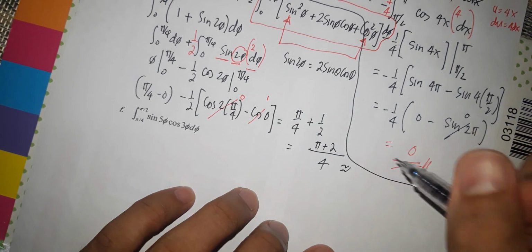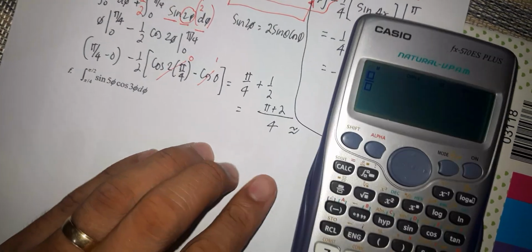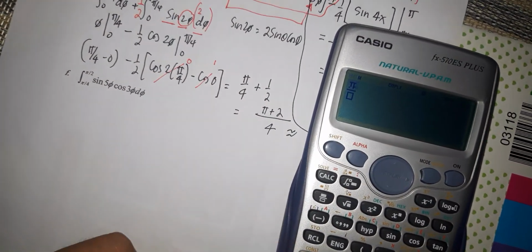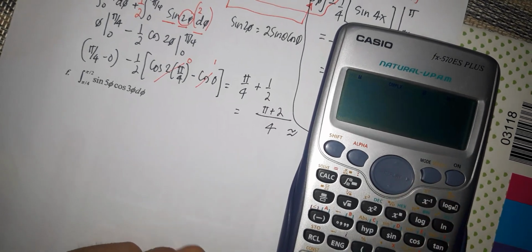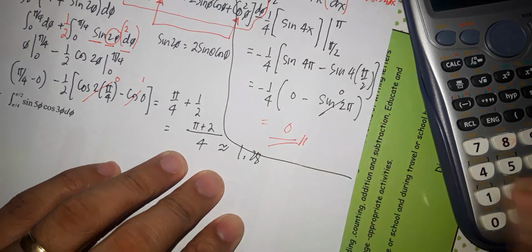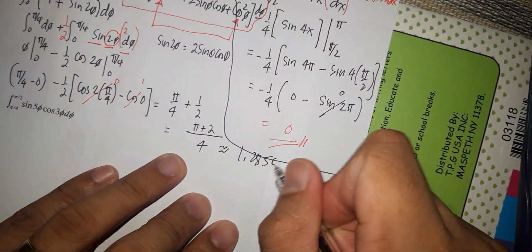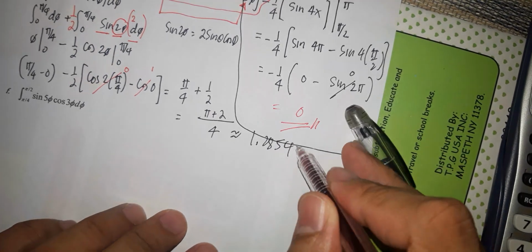Or approximately equal to, if I'm going to use my calculator, the answer is approximately equal to 1.2854. So that will be our answer.